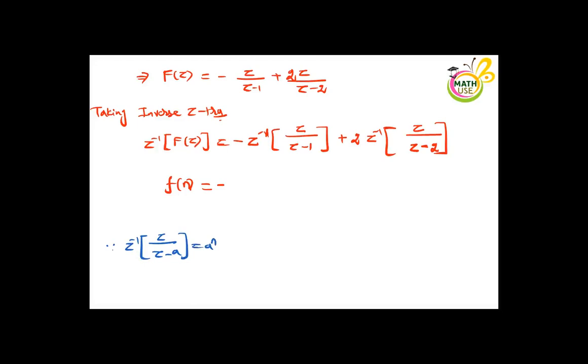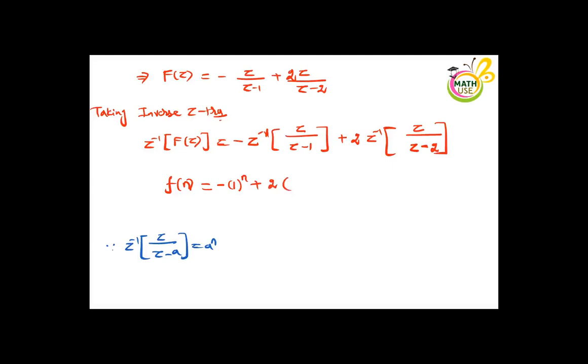In the place of a here, it is 1, so we get 1 power n, plus 2 into z inverse of z by z minus 2.